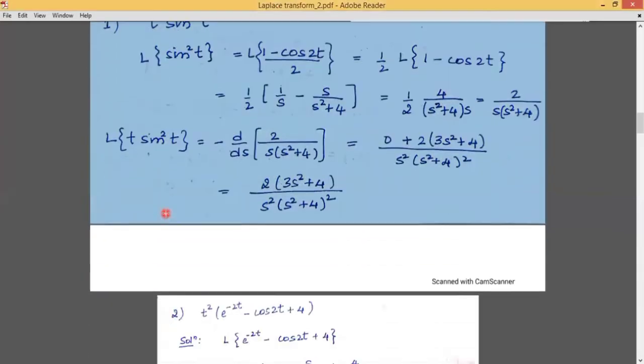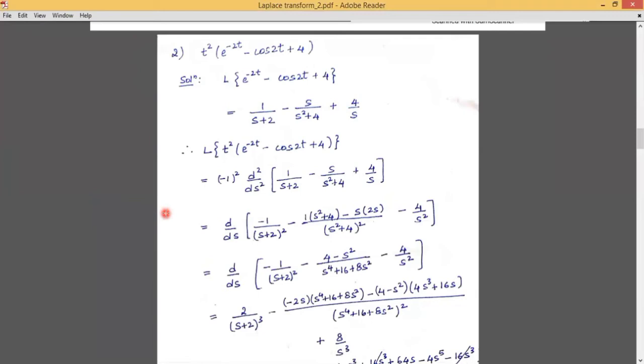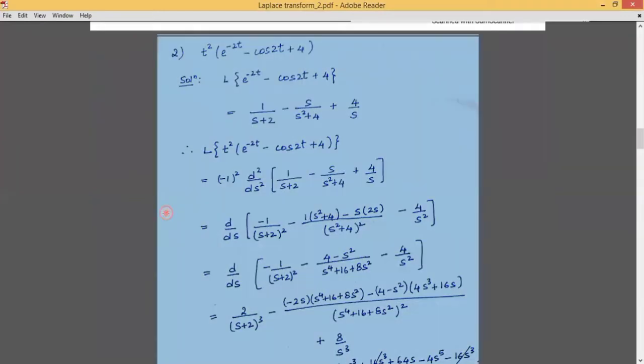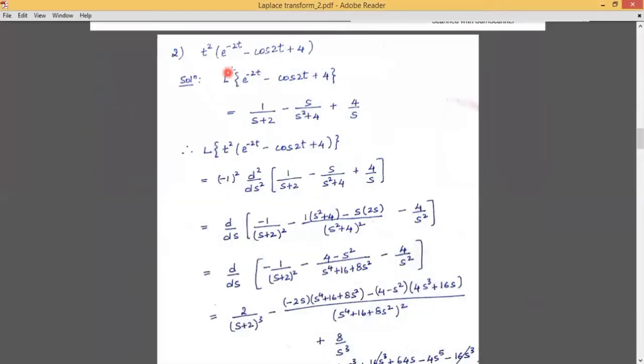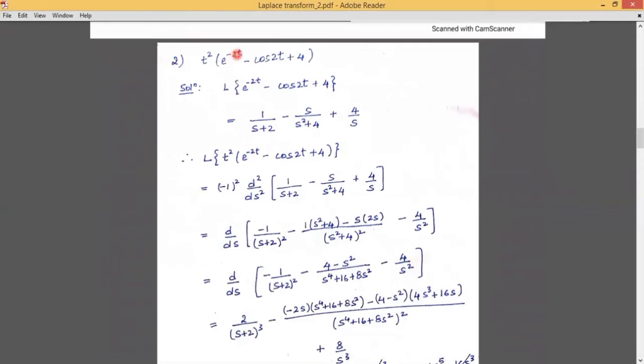So we'll move on to the next problem: t square into e power minus 2t minus cos 2t plus 4. First we'll find the Laplace transform of this bracket, and then we'll find the Laplace transform of t square into this.